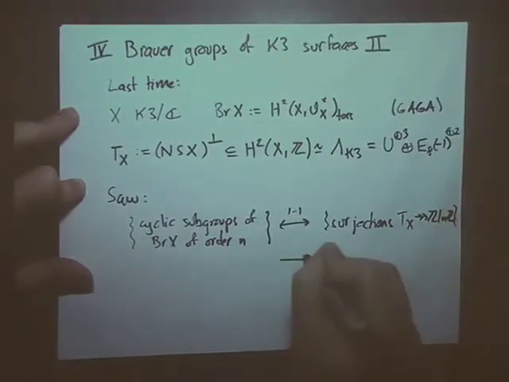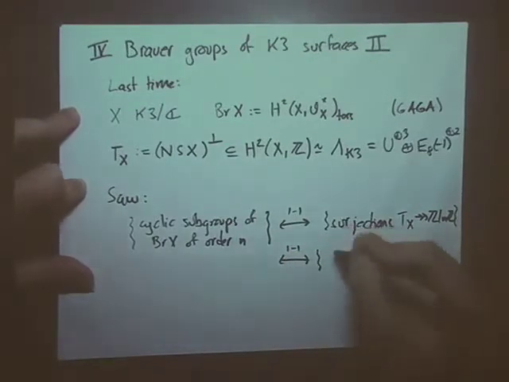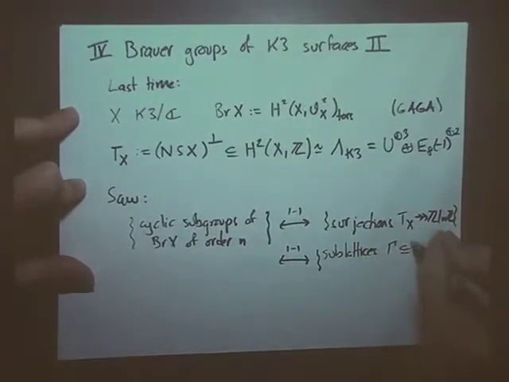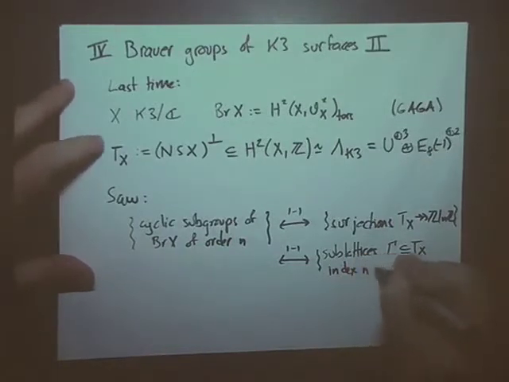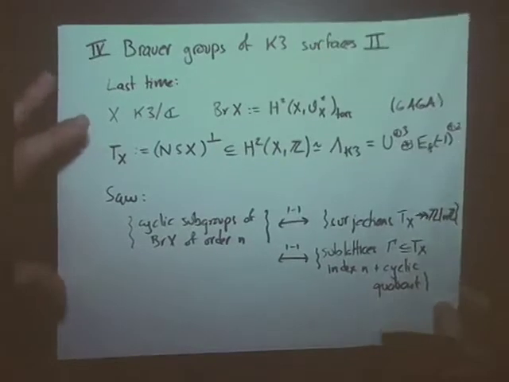And then, of course, by taking kernels, there are sublattices gamma inside T_X of index n and cyclic quotient. So this was some little cohomology calculation that we did.